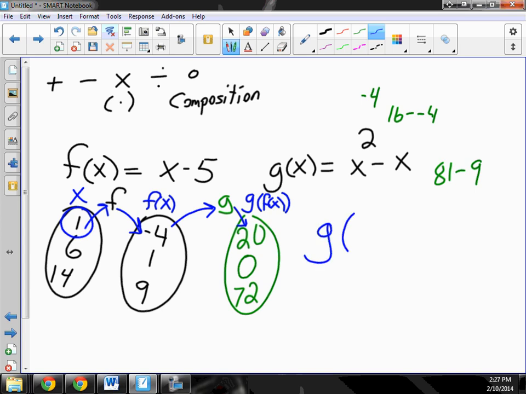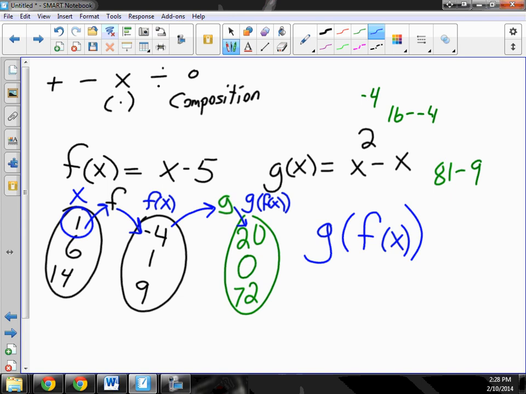G of f of x means plug numbers into f. Once you figure out what those numbers become inside of f, take those answers, plug them into g, and you create a new function that is g of f of x. Well, what is its name?